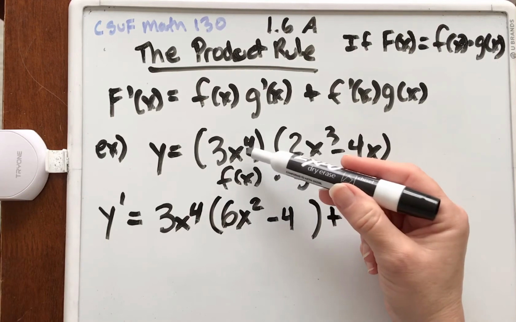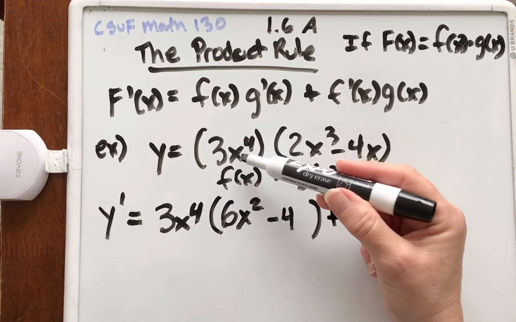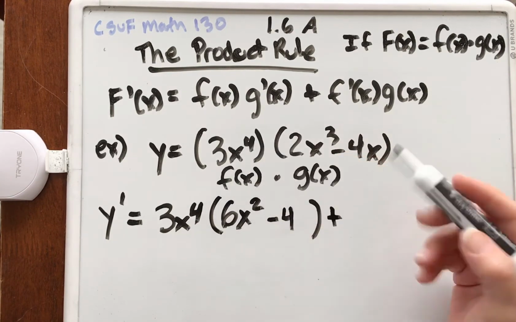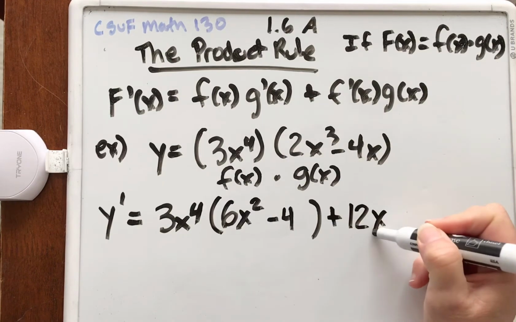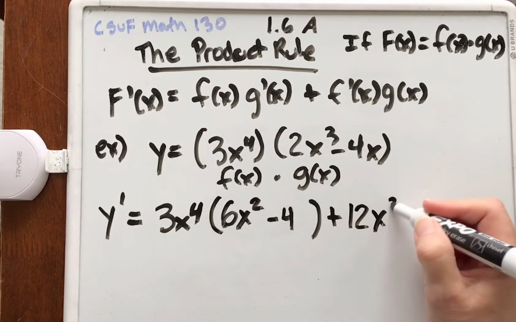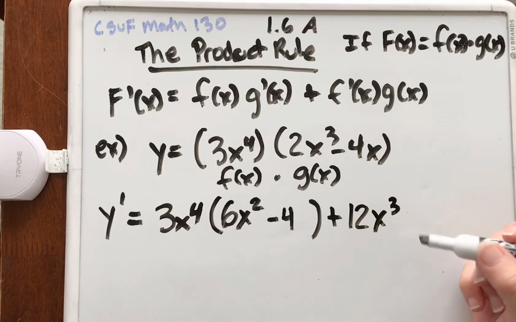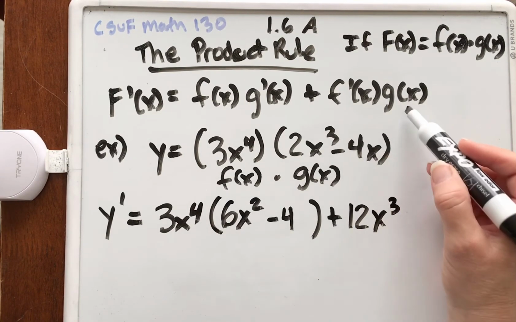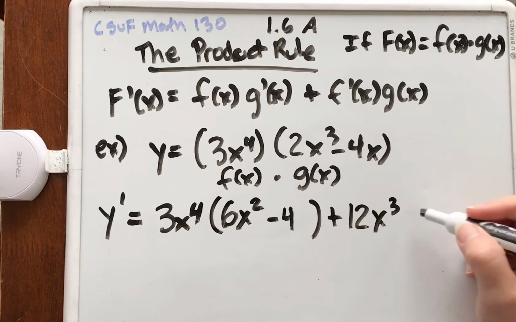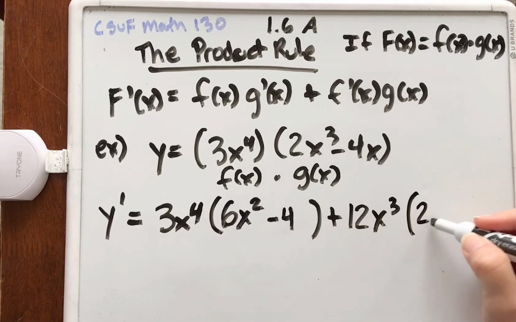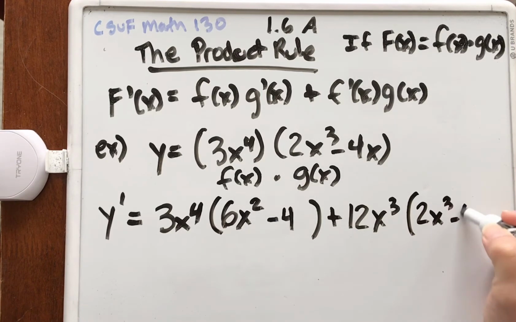Since we're calling this one f of x, we'll take the derivative of this. 4 times 3 is 12. And then we take away 1. So 12x cubed. We took the derivative and now we times it just by g of x, using parentheses so we can remember to distribute properly.